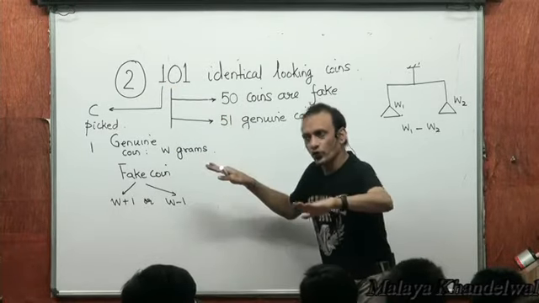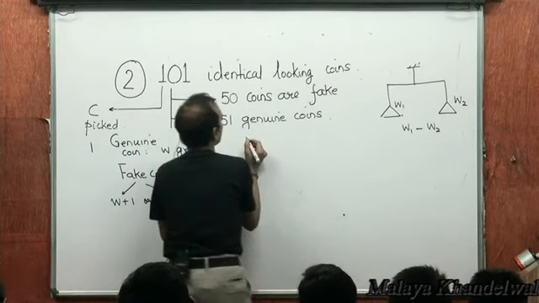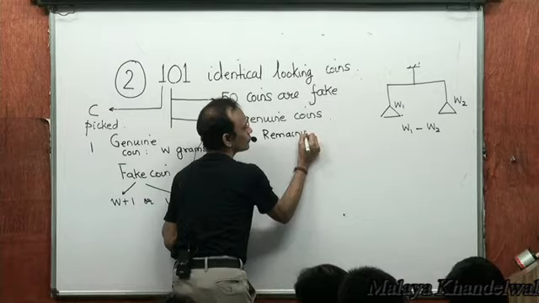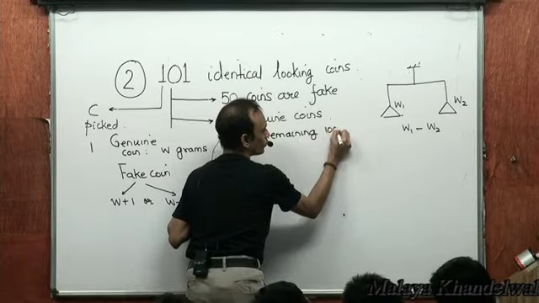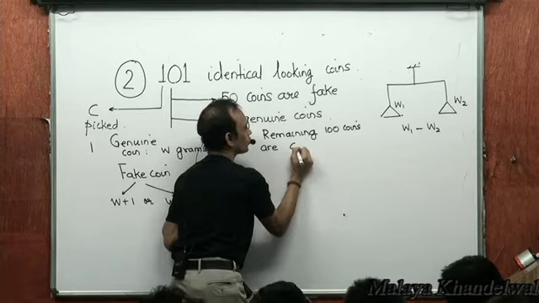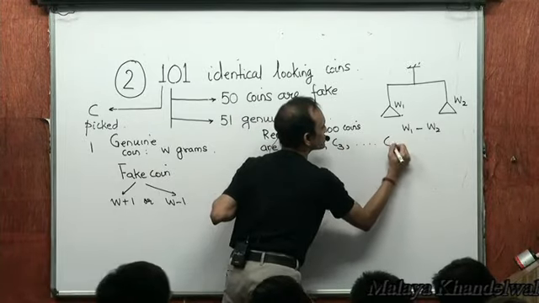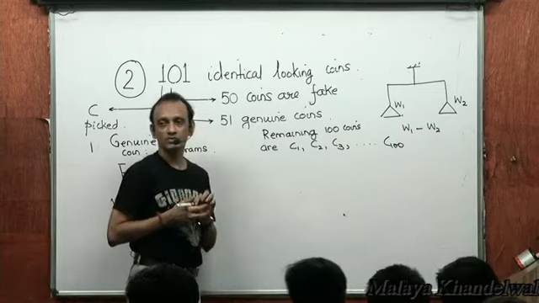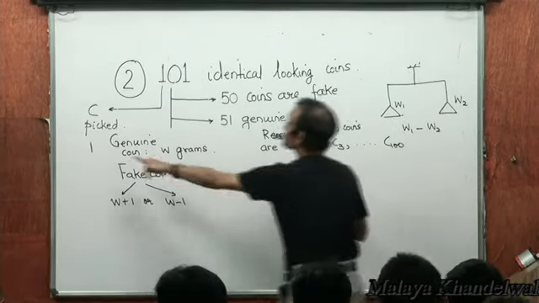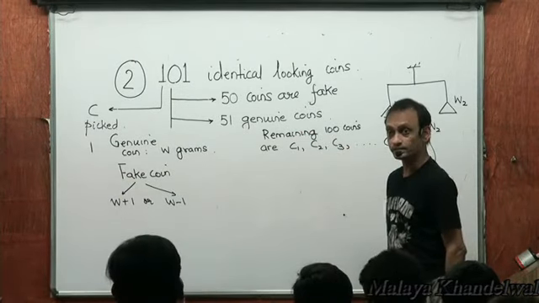Let's say C1, C2, C3, ..., C100 are the remaining 100 coins. This is the 101st coin, and I want to determine whether C is genuine or fake.